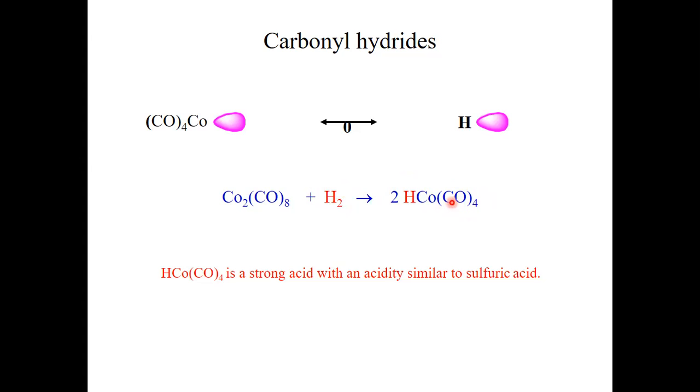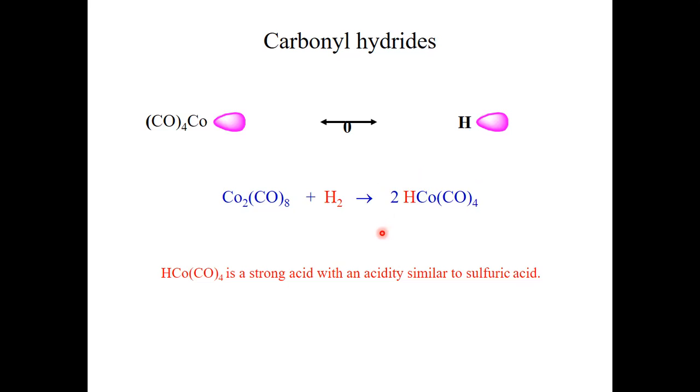It does not have, as one may expect based on electronegativity, hydridic character, but it's actually a strong acid that has a similarity to sulfuric acid. We can explain this by the fact that the respective anion, this Co(CO)4 anion, is a very stable anion, which leads to the fact that an H+ is relatively easily dissociated from the molecule.